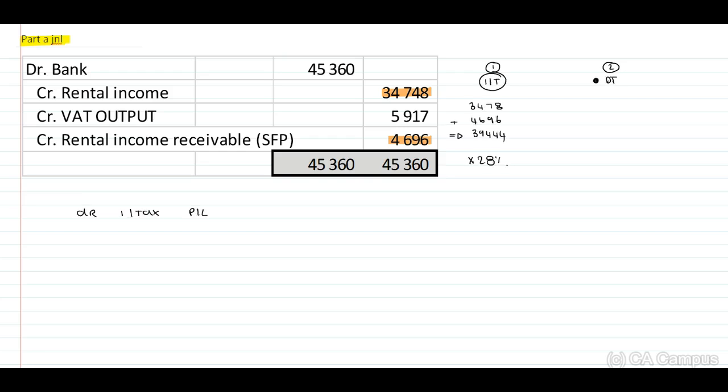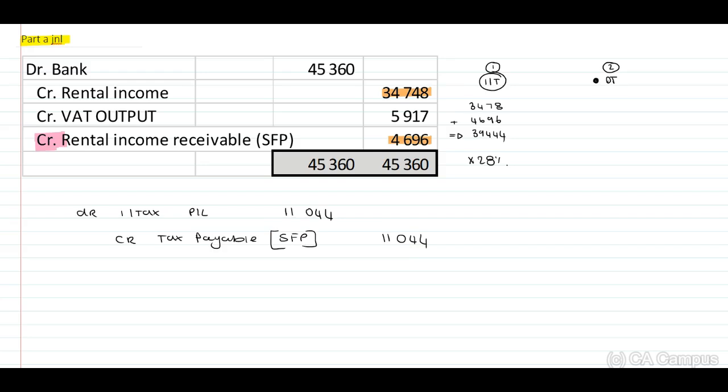Remember, no abbreviations, please. And this is an amount of 11044, and we need to credit our tax payable in our statement of financial position with an amount of 11044. In terms of our deferred tax, the deferred tax relates to this rental income receivable that we now have to take out.